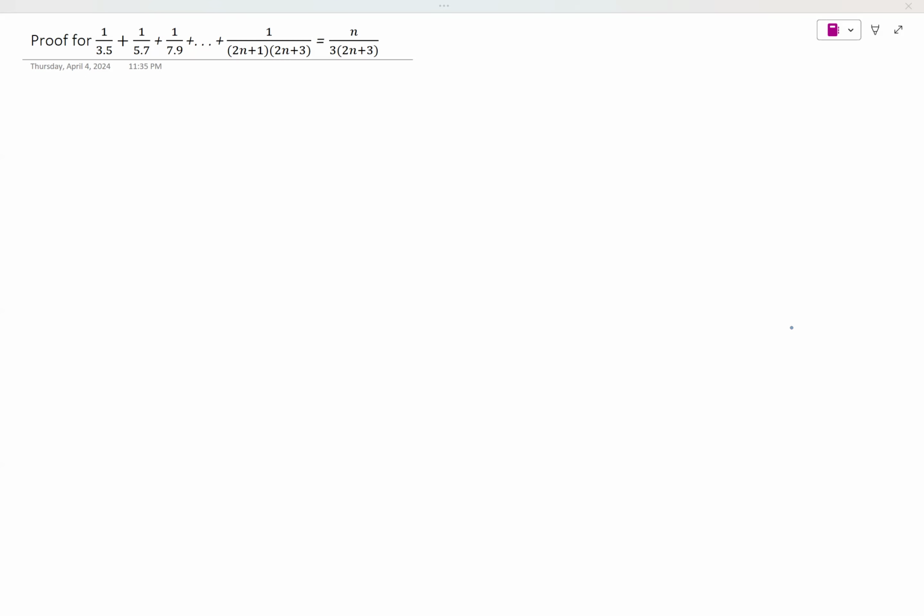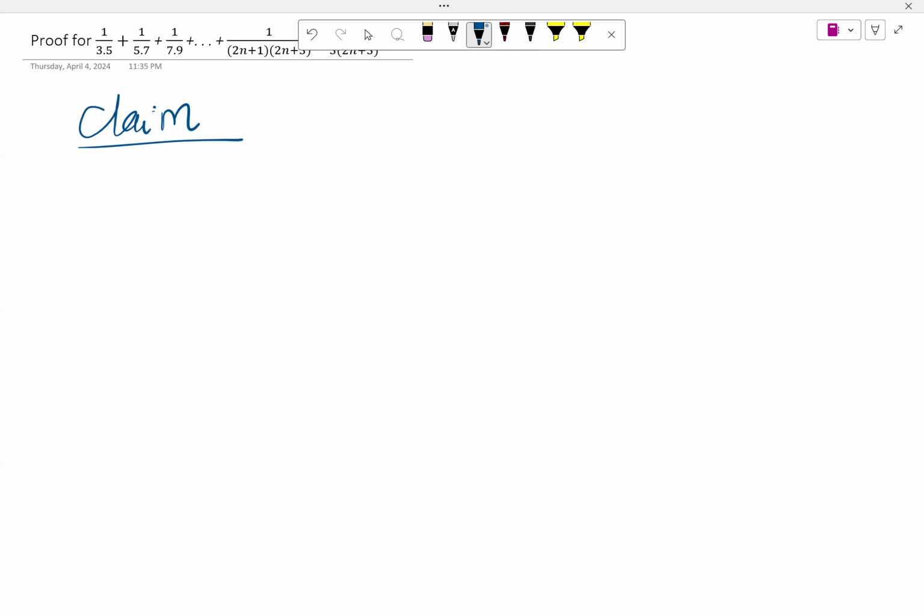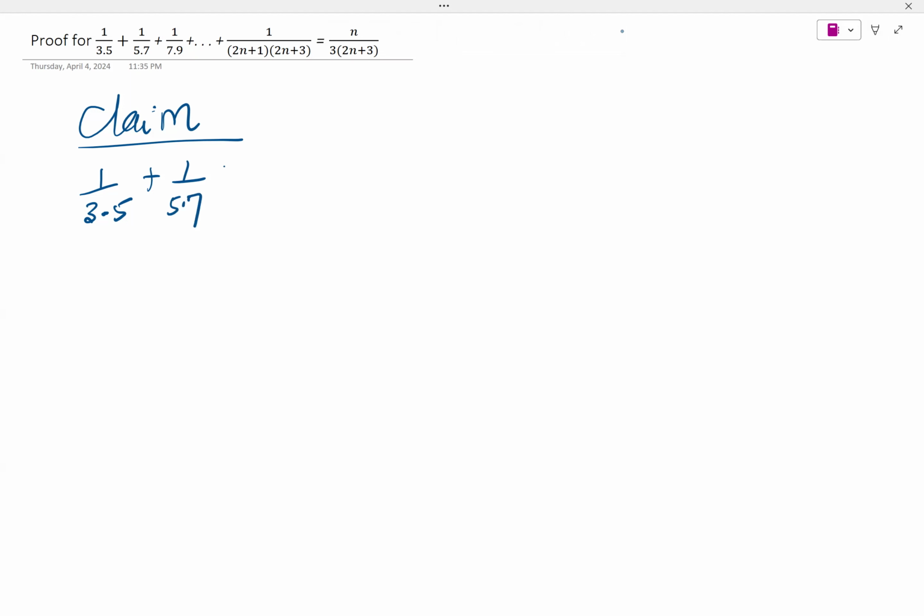We have a claim that 1 over 3 times 5, plus 1 over 5 times 7, plus 1 over 7 times 9, plus all that up to 1 over 2n plus 1 into 2n plus 3, is equal to n over 3 into 2n plus 3. Now, this dot is not a decimal point, it's multiplication.